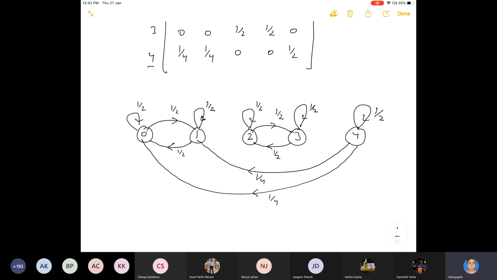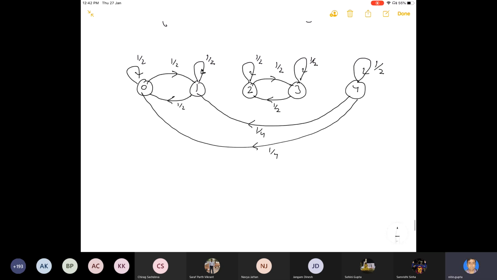Now, because the state space is finite here, first of all, you note down that from 0 to 1 we can go and 1 to 0 we can go. Okay, so 0 and 1 communicate.